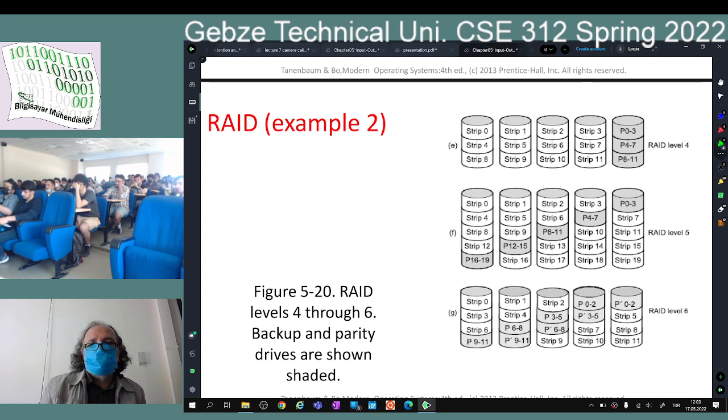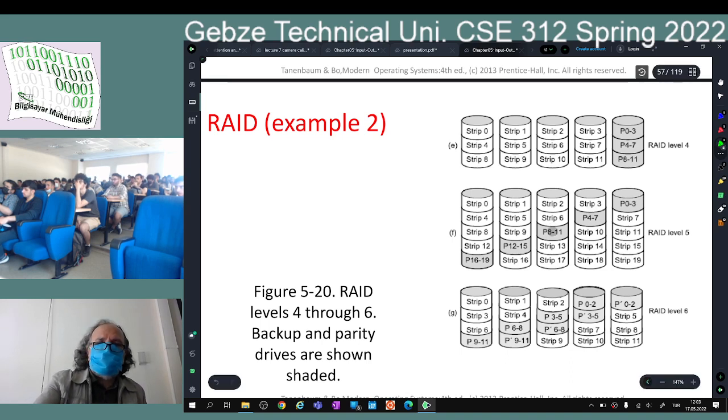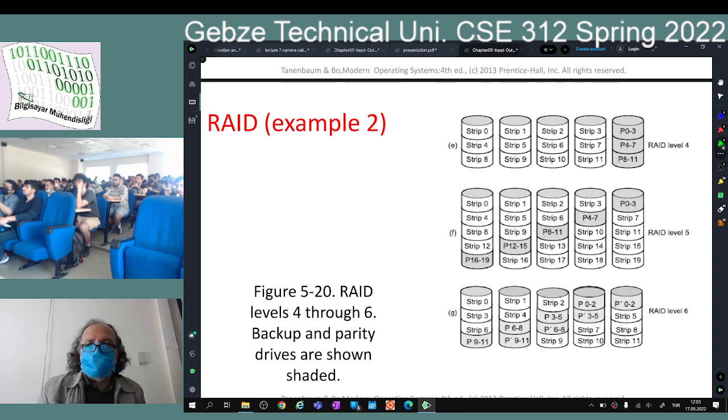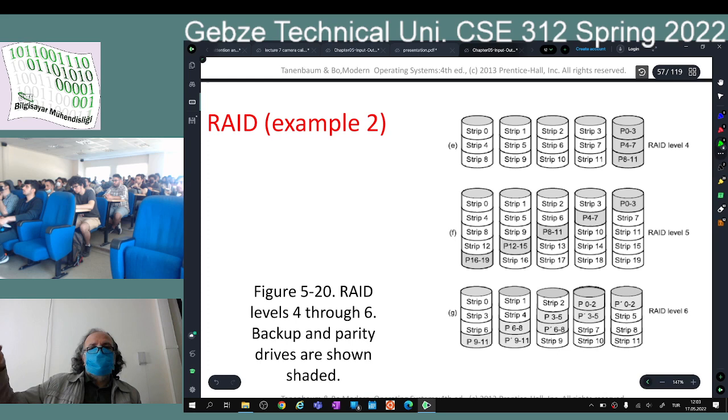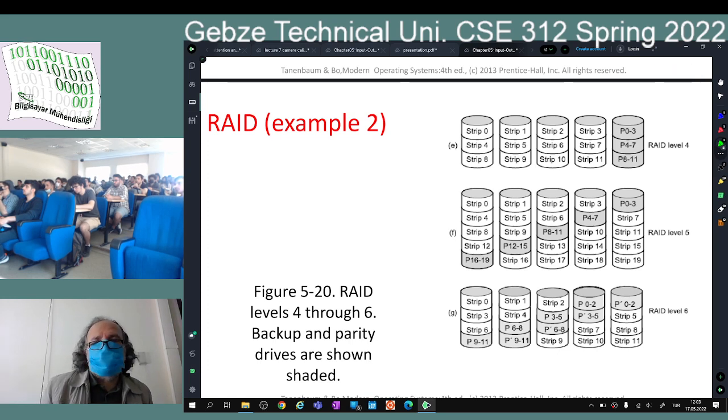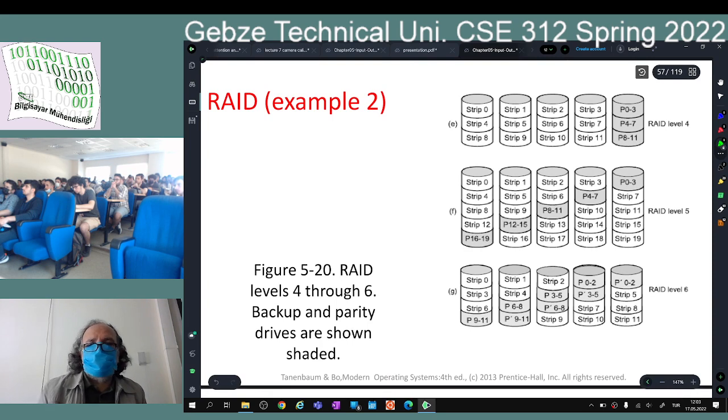Why don't we distribute these parity strips over the 5 disks? That way you can read strip 0, 1, 2, 3, and 7 at the same time. So sometimes it is 5 times faster. And with the level number 7, it's a different configuration. I do it this way.